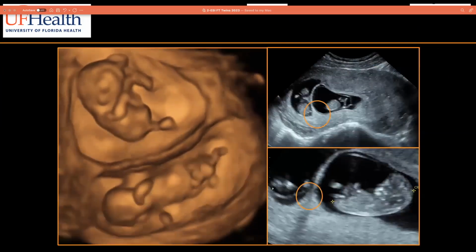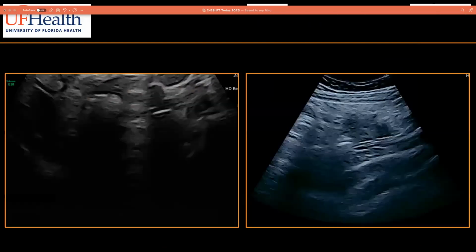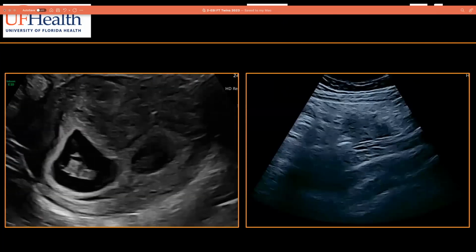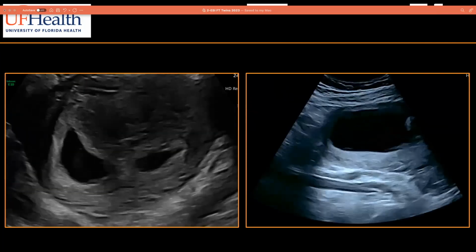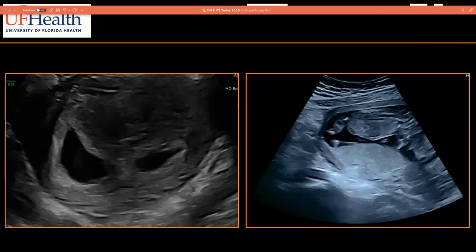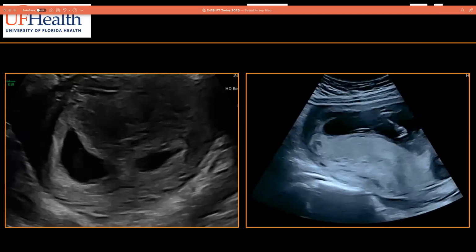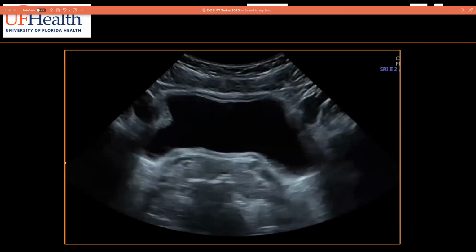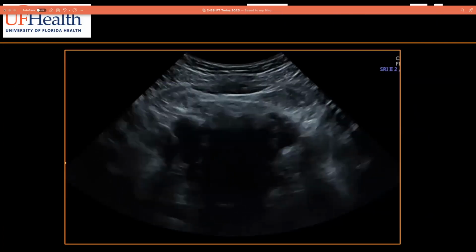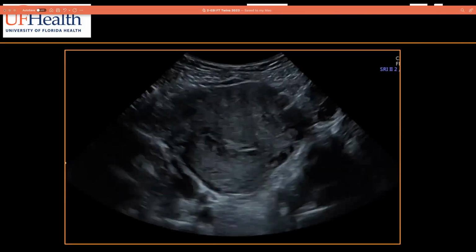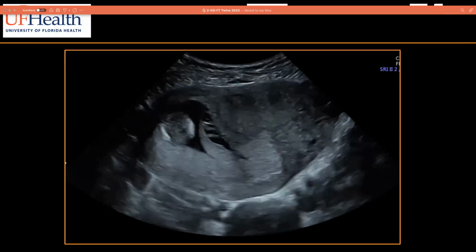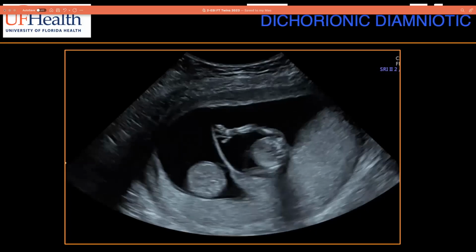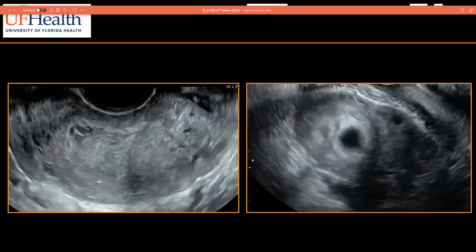Looking here, you can see clearly that these are dichorionic diamniotic twins. So are these, with a clear lambda sign. And as we scroll here as well, we have very clear demarcation between these two sets of twins, the images on the left and the right. And from the bladder, as we sweep up, we can see 1 and 2 with a thick lambda sign between them, dichorionic diamniotic.